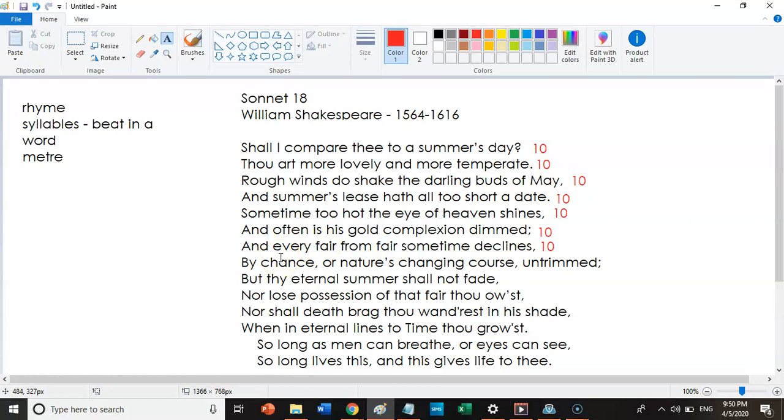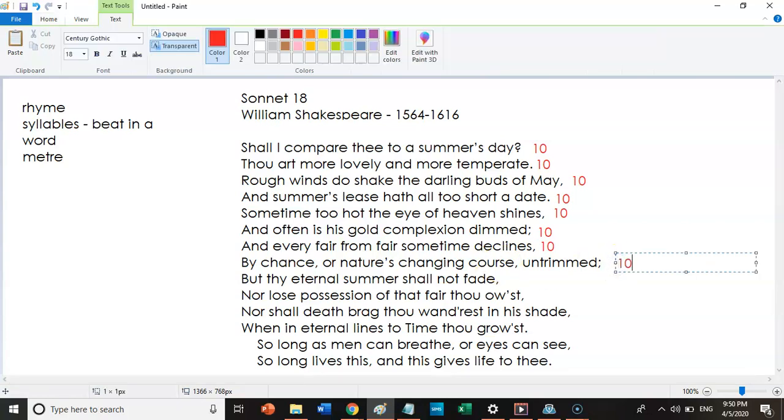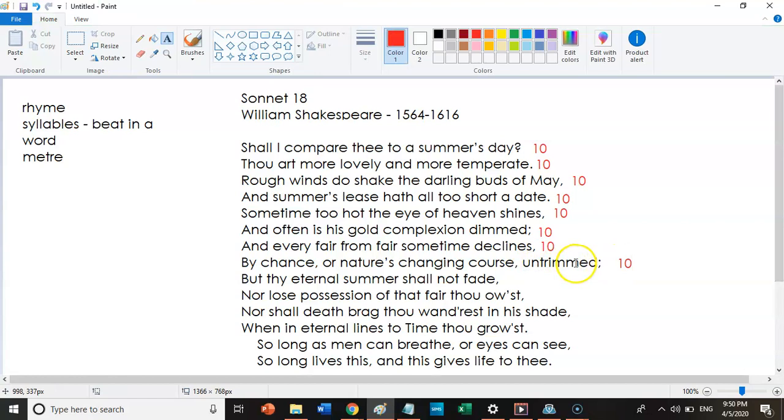By chance or nature's changing course untrimmed. Once again, 10 syllables. So, untrimmed. -ed doesn't normally give it an extra syllable. Sometimes in Shakespearean it might give it an extra syllable, but if Shakespeare wants to do that, he will put an accent there, like in French.